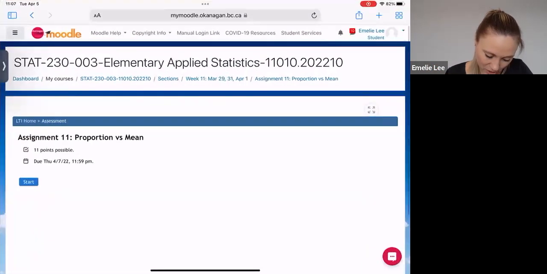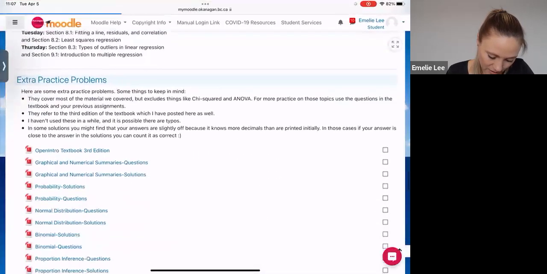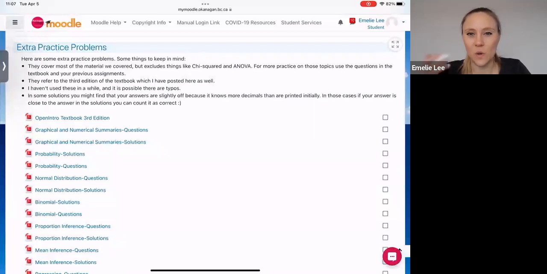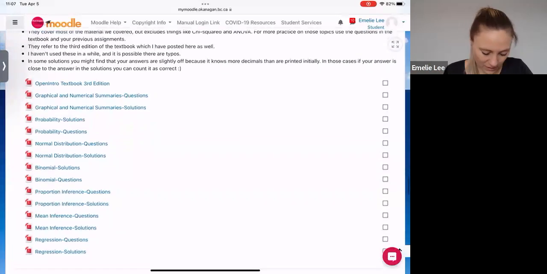I know I've mentioned it before, but there are these extra practice problems. These are just practice problems that I had typed up and had laying around, so I wanted to share them with you. There might be typos in some spots because I've put them to the side.